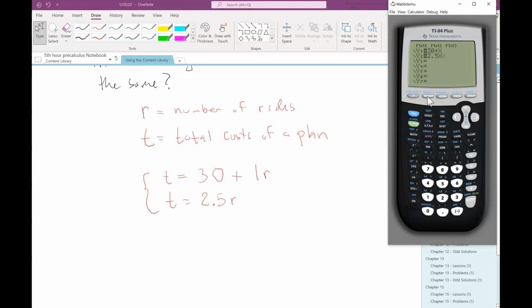Because in this case, this is a real-world problem with real-world context to it. So our X is representing the number of rides. Can the number of rides ever be a negative number? No. So I'm going to make my X minimum 0 instead of negative 10.